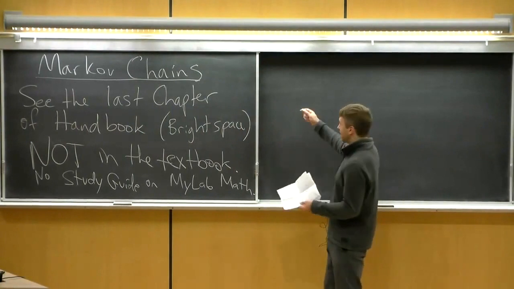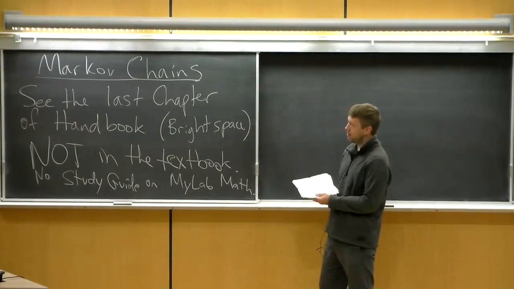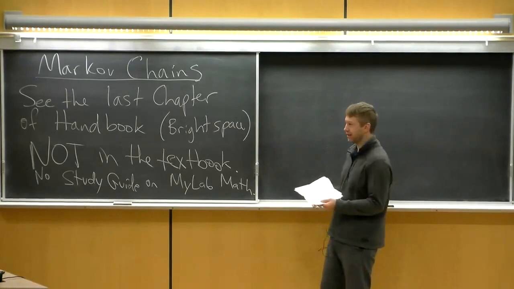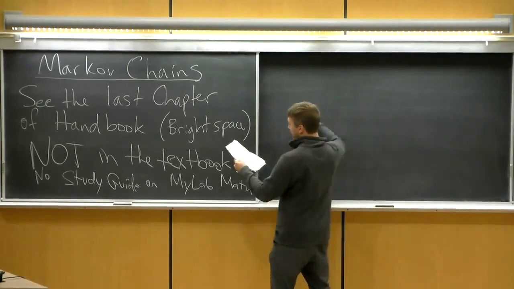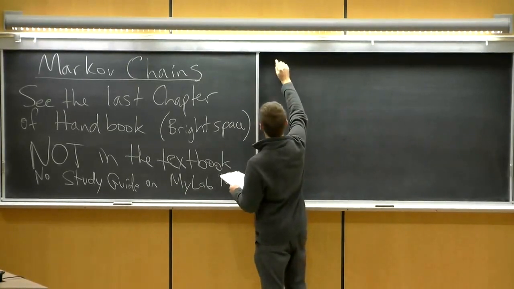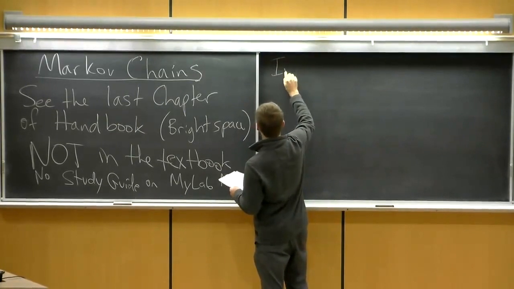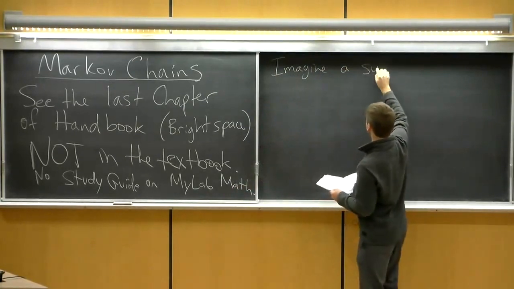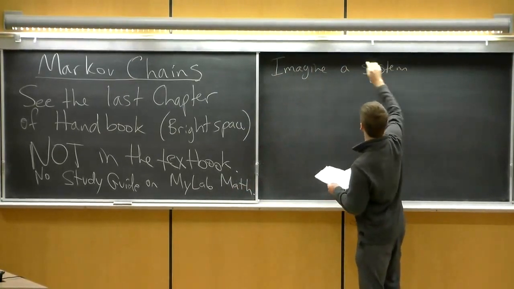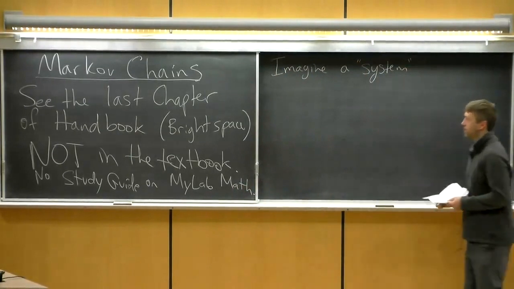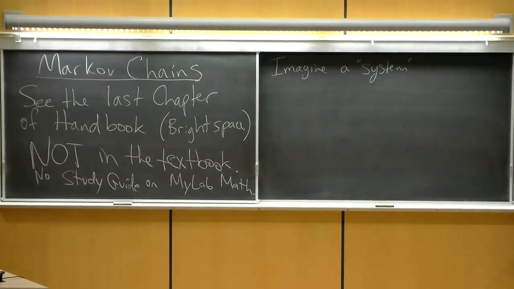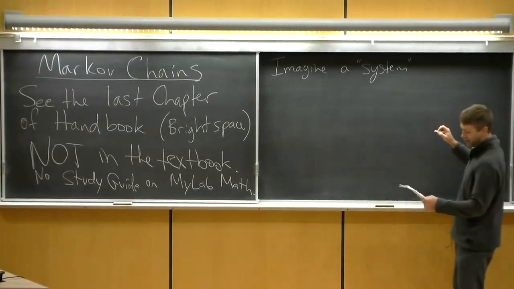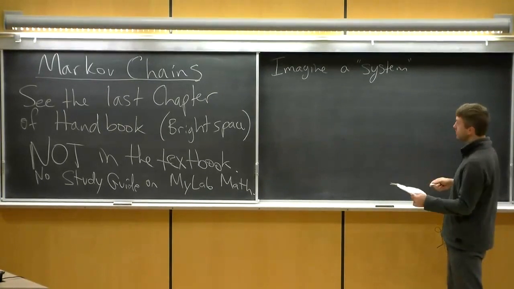Okay, so we talked a little bit about Markov chains at the end of last class, but that was a long time ago now. Here's the setup. Imagine a system, and this is going to be a little bit imprecise language, but hopefully it'll become clear as we go through some examples.